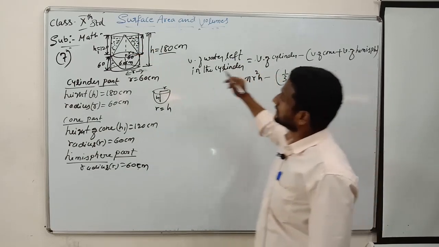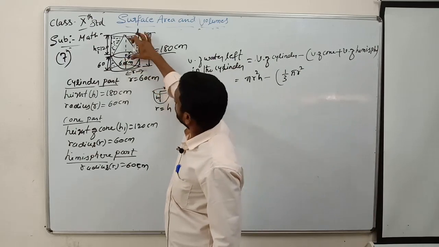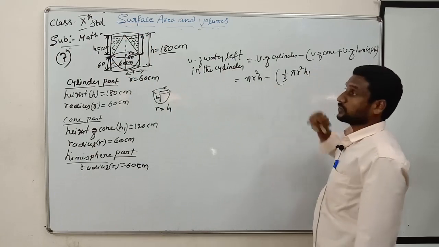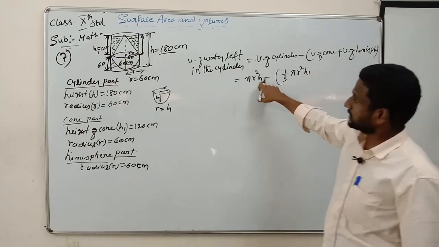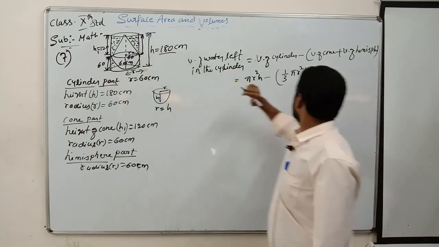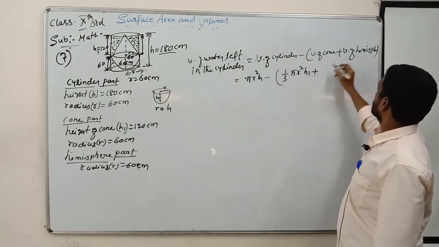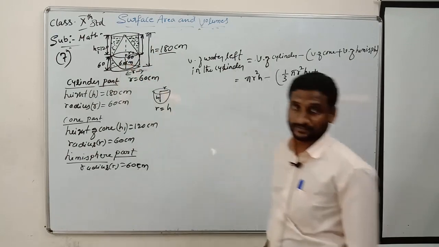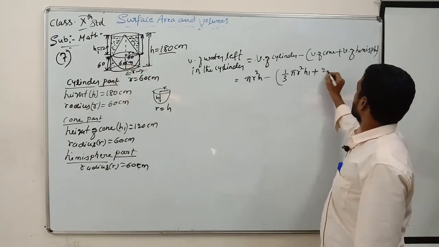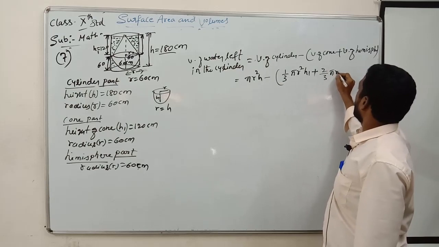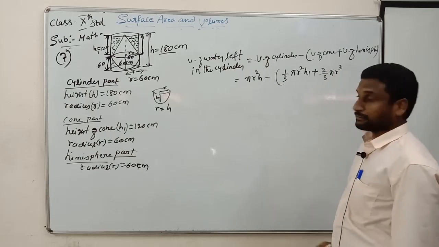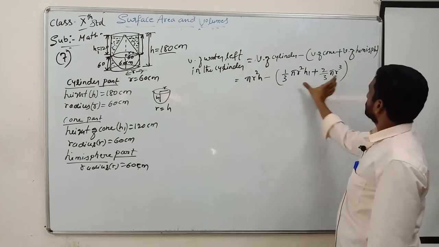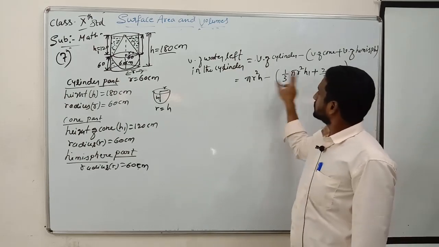Here h means the cone height, which I took as h1. So h1 is the cone height, and this small h is the cylinder height. Plus the volume of the hemisphere, which is half of a sphere, that is 2 by 3 pi r cube. You add the volume of cone and hemisphere, and subtract it from the volume of the cylinder.